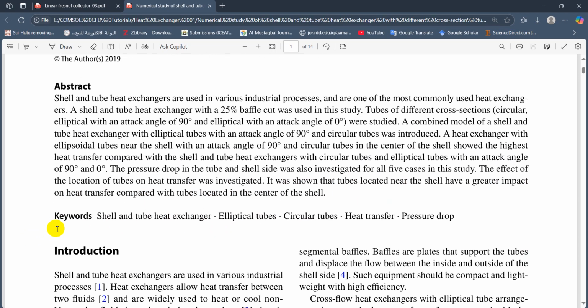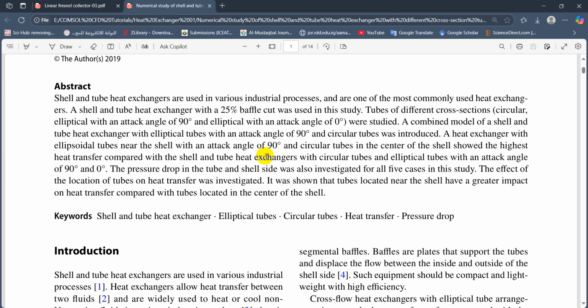Okay, also there are keywords. Keywords are actually so important in the submission system for Elsevier, Springer, Taylor and Francis, Wiley, and a lot of publishers. They want the corresponding author to add the keywords on the submission system, not only in the paper files.